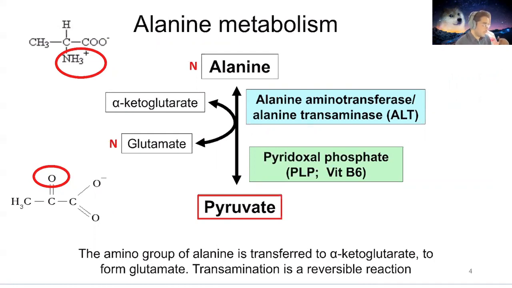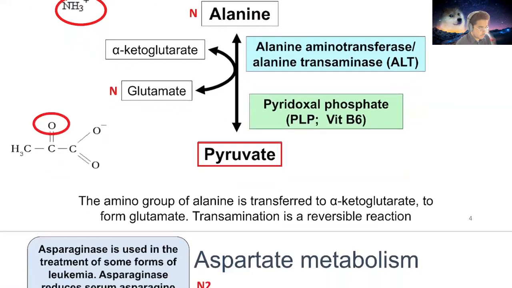Alanine to pyruvate, right, essentially takes the nitrogen that's on alanine and throws it into alpha ketoglutarate, converting it into glutamate. The nice thing with glutamate is that it can hold on to this nitrogen and carry it, and eventually can give this back in the kidneys as nitrogenous waste and eventually as excretion of ammonia.